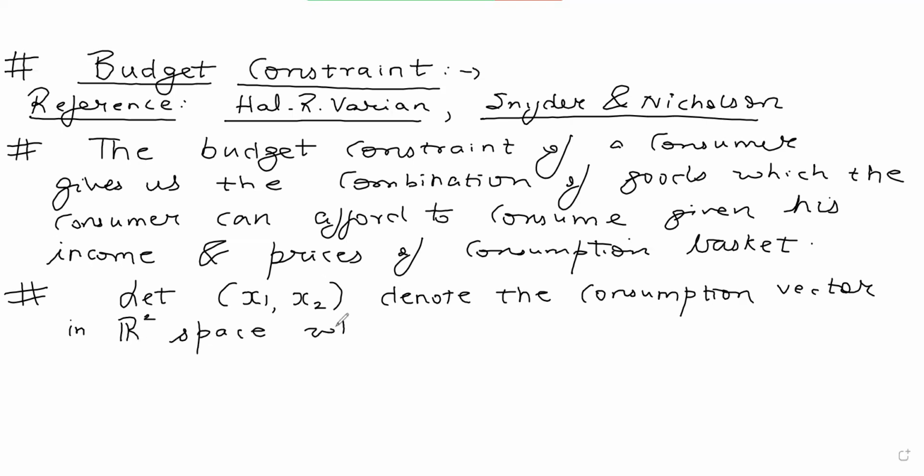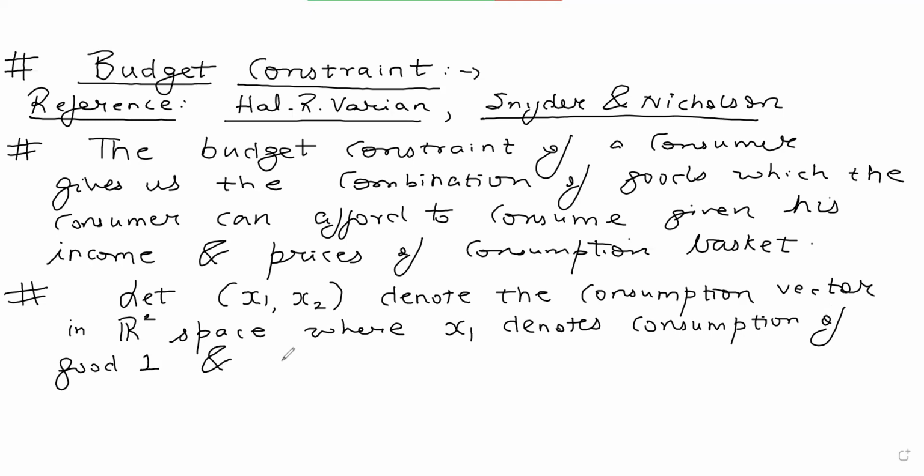okay, where X1 denotes consumption of good 1 and X2 denotes the consumption of good 2.